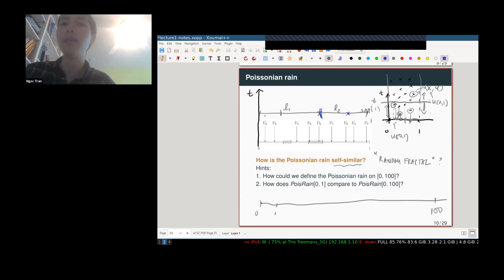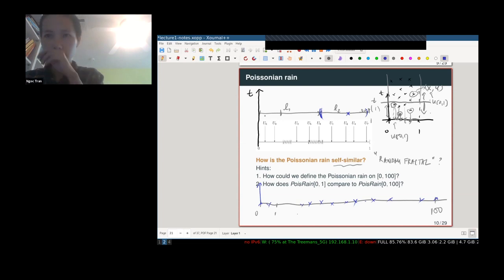I have a Poisson rain on top of this, waiting for rain on a much longer interval. The first time the clock of this big interval rings, I see a partition, and so on and so forth. Maybe I get some pieces, and then I keep on partitioning.